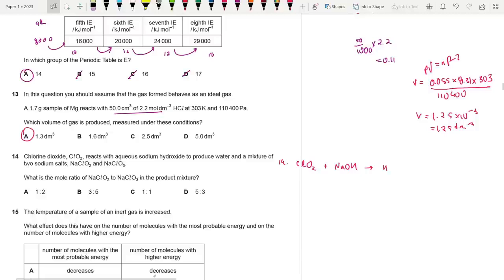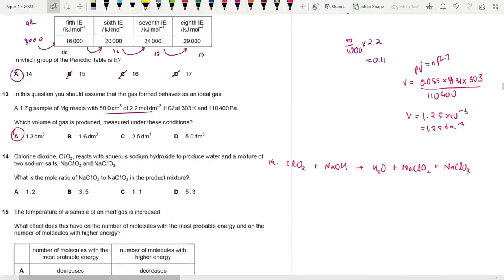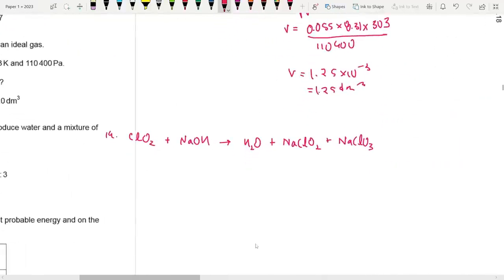NaClO2 plus NaClO3. So to balance this, you could do trial and error, or you can just go for redox oxidation numbers, which I prefer. So check this out. Over here, oxygen is -4 together, so chlorine is +4. Now what happened to chlorine? Sodium is +1, oxygen is -4, so chlorine has to be +3.